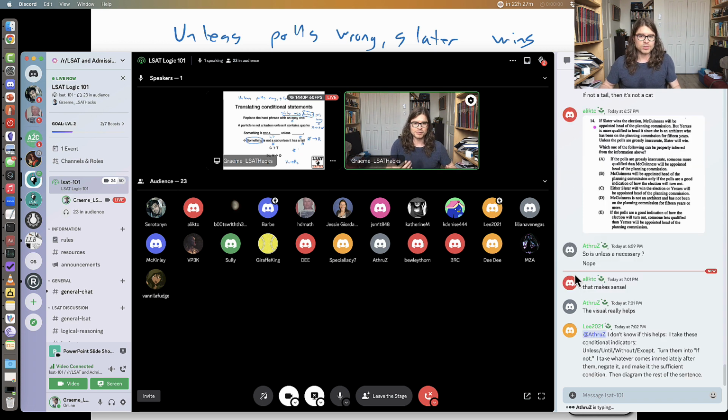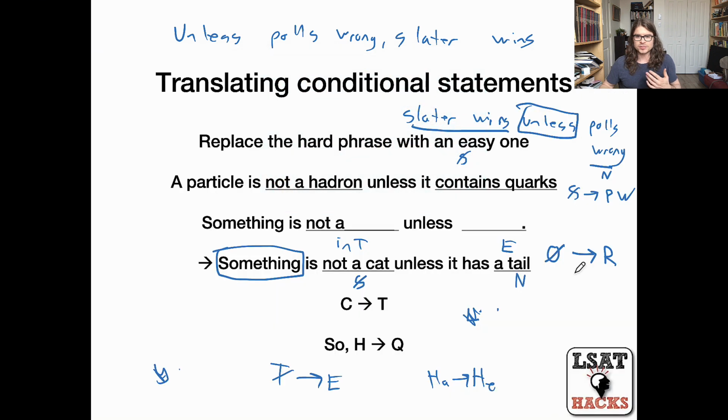and what you want to do is get an intuition for it. Because I see people dealing with unless, and they're trying to remember this rule: after the unless it's necessary, before it's negated, and you put a not on something. And that's not an intuitive way to understand English.